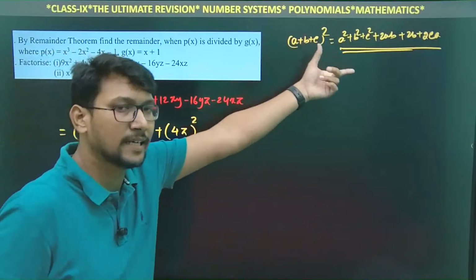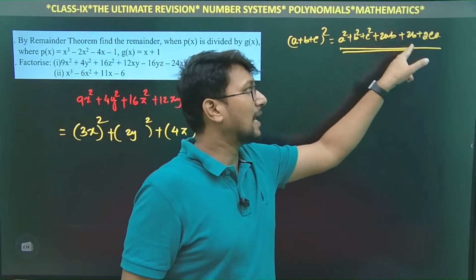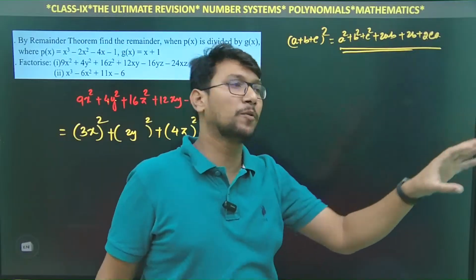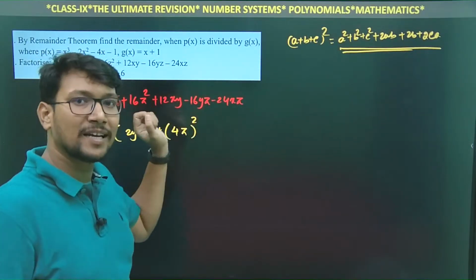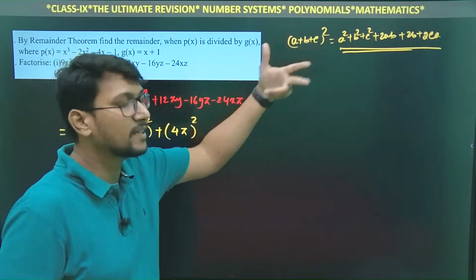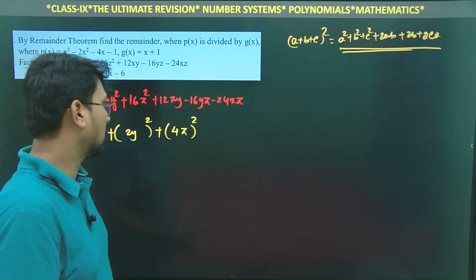But the question is that in the identity the last 3 terms are positive, but here, check karo, the last 2 terms are negative. First we'll write them as positive. How to write? I'm telling you, check karo.